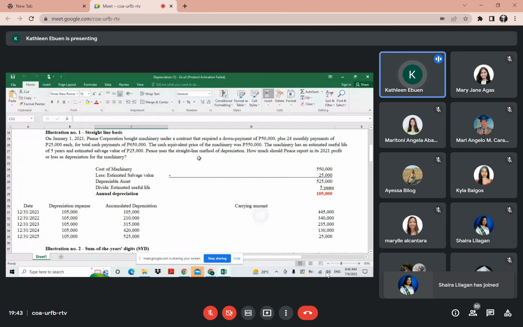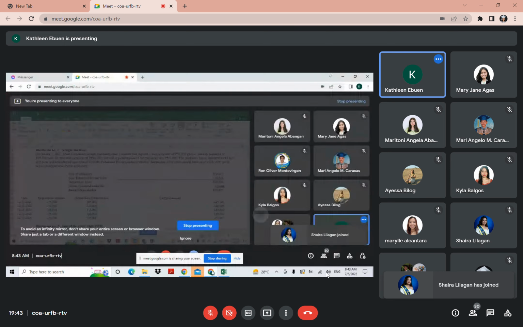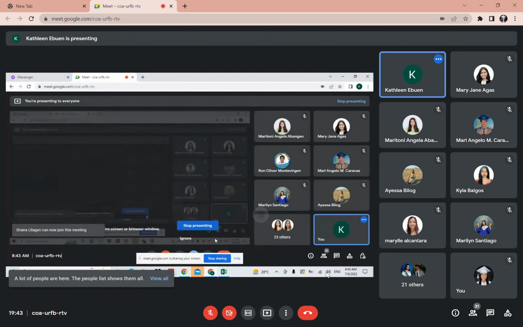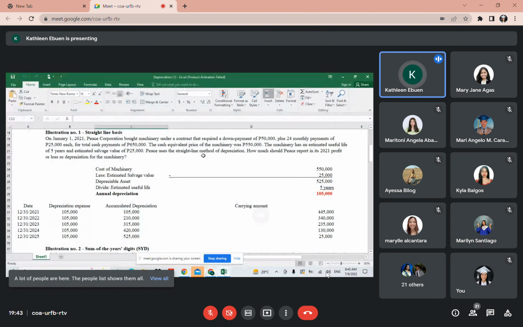So Peace uses the straight line method of depreciation. So how much should Peace report in its 2021 profit or loss as depreciation for the machinery? Okay, so tinatanong sa atin is the depreciation expense on 2021. So una class, alamin niyo muna kung magkano yung cost ng machinery.